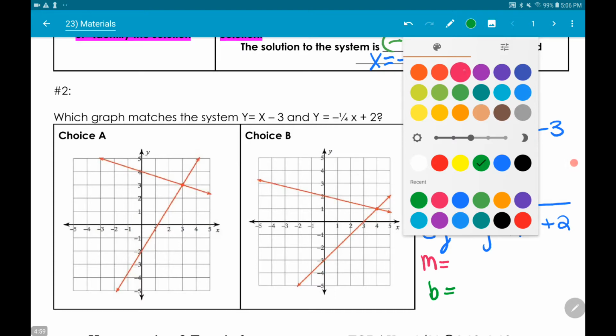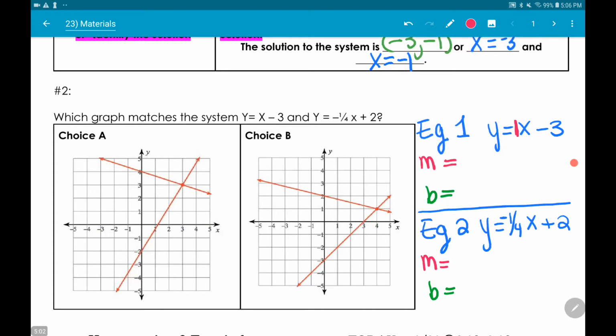All right, so our slope for this one is the number in front, so our slope is 1. And in this one, our slope is -1/4. Okay, here I have a y-intercept of -3, that's the number by itself, and a y-intercept of +2.